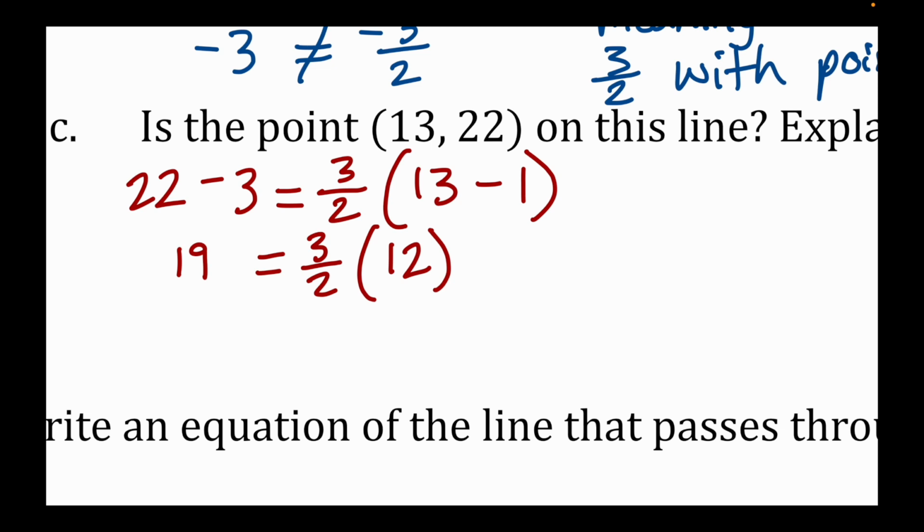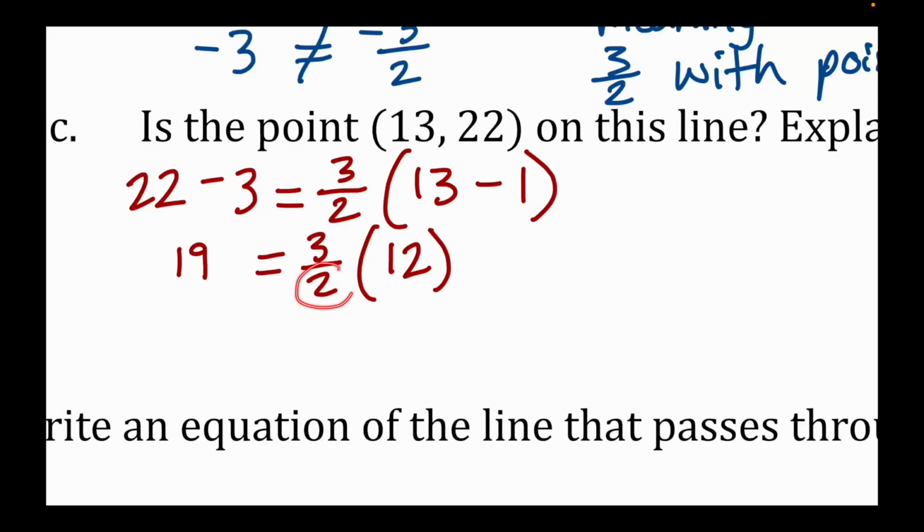So here we're going to do, I mean, you can use a calculator to figure this out, 3/2 times 12, but just in case you'd rather not, you can do either part first, the division or the multiplication. 3/2 means you're going to take the number, in this case 12, multiply it by 3, and divide it by 2. A lot of times I like to reduce if possible first and then multiply, but you can do it in either order.